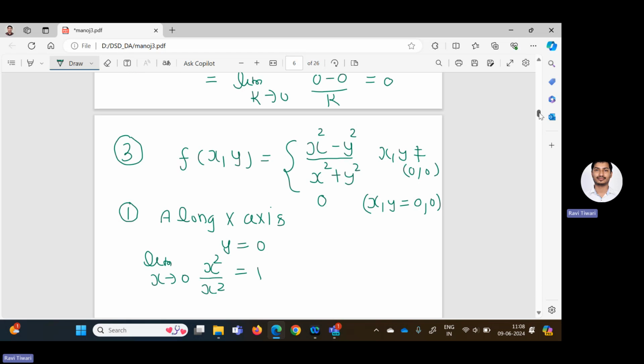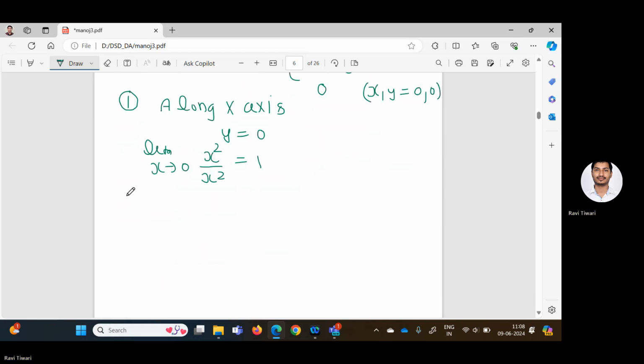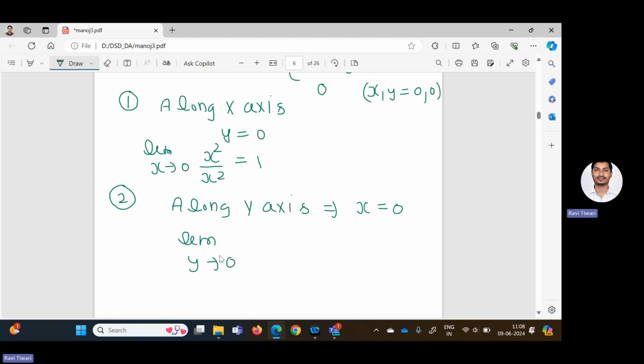Along the y-axis, this implies x equals 0, then the limit as y tends to 0.